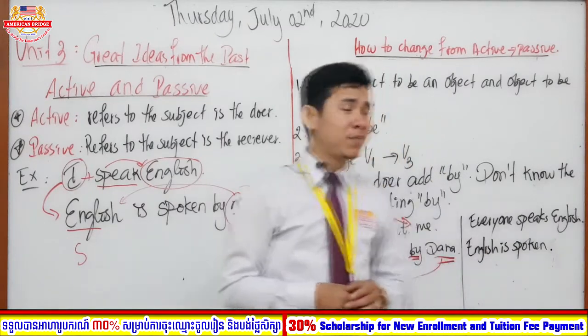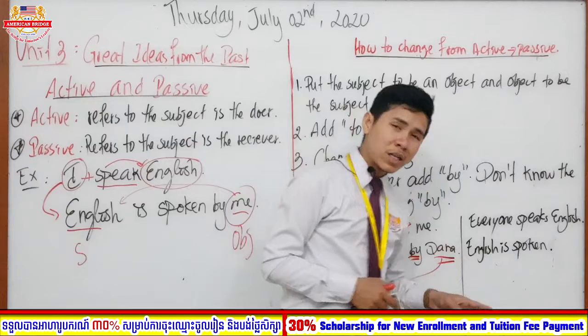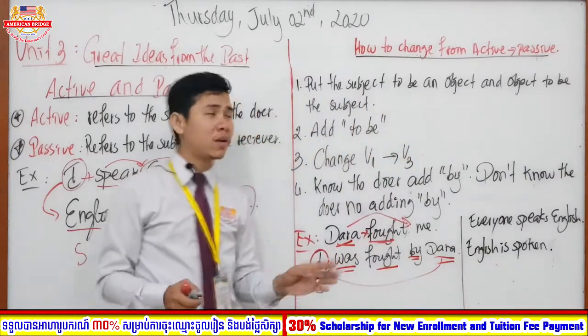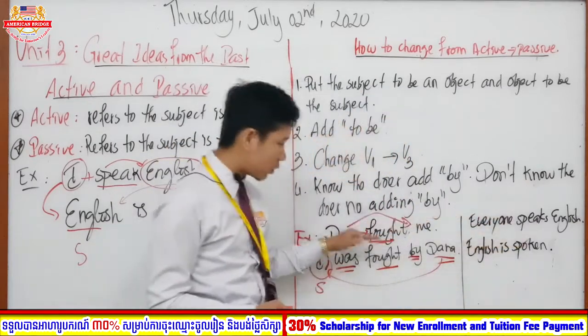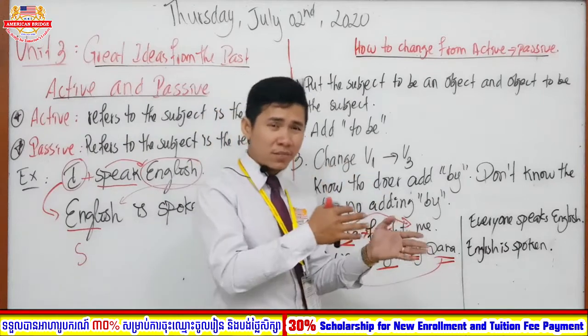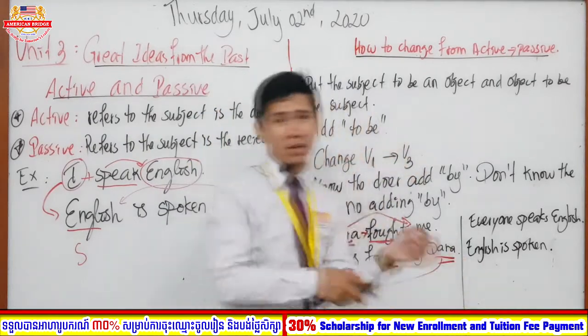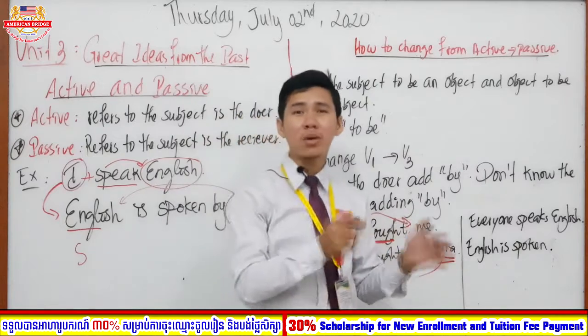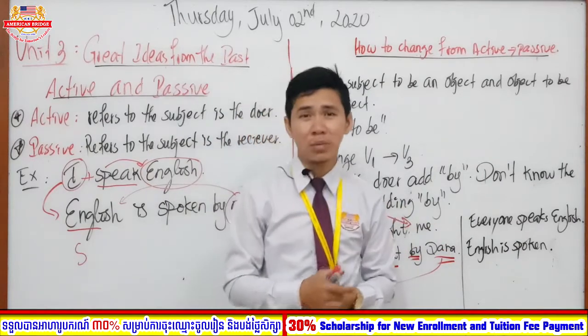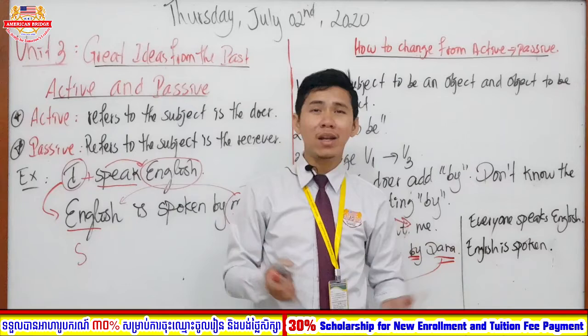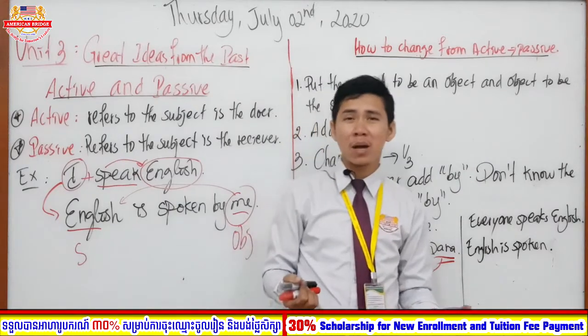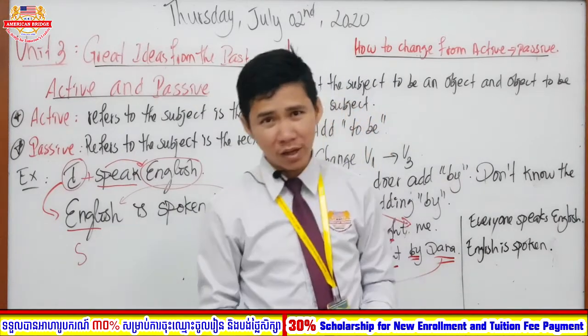Okay, right. So in here, it is very easy to see that if the sentence is present, you add the to be in the present. But if it is in the past, you have to add the to be in the past, right? And you might know clearly about the to be in the present, and you might know about the to be in the past as well. Okay?